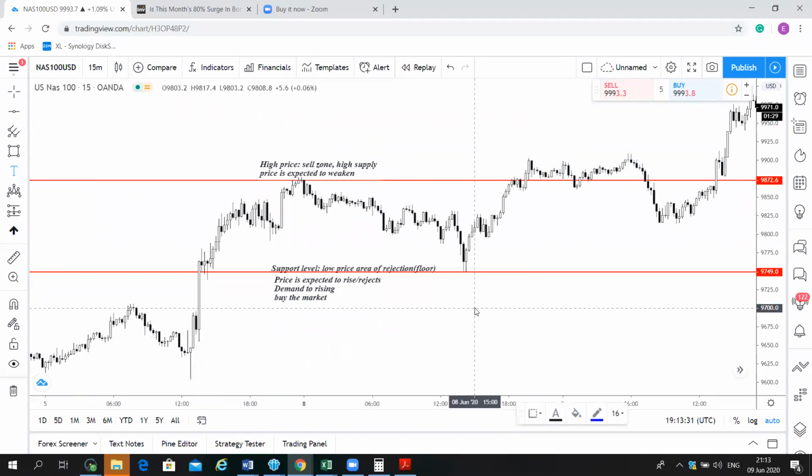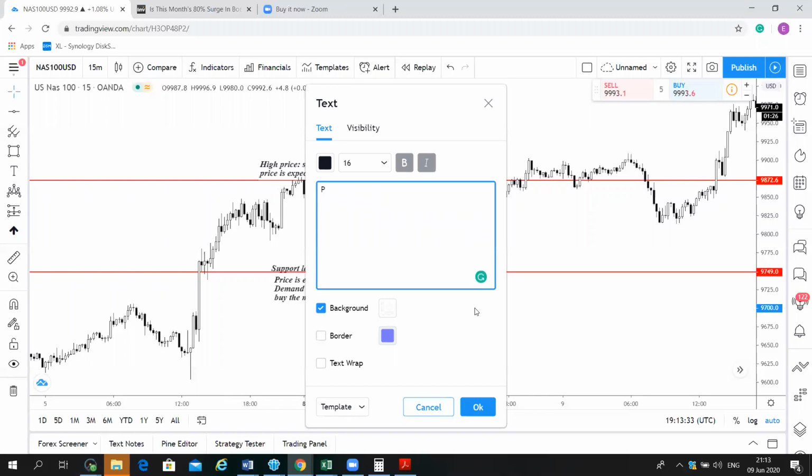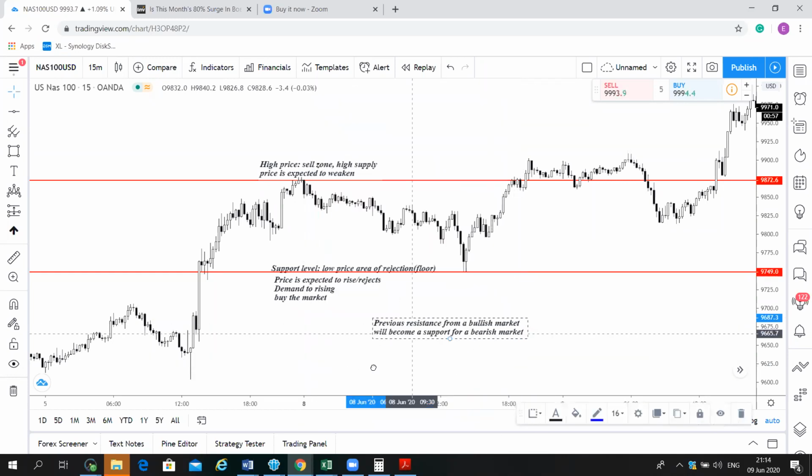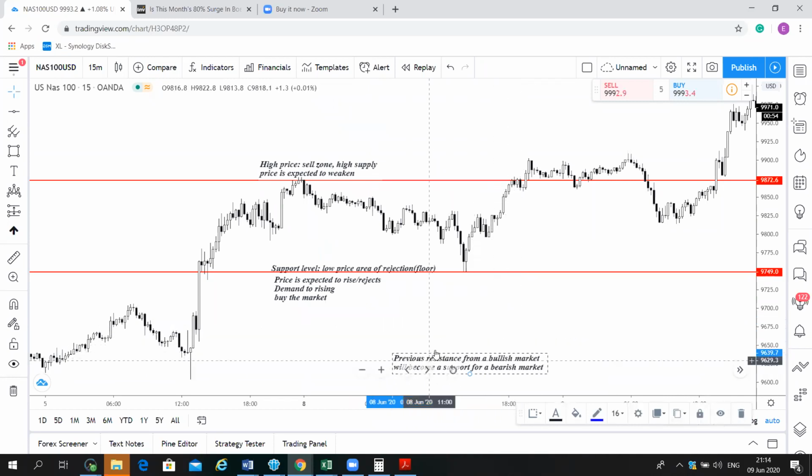Something to note on the side is that previous resistance from a bullish market will become a support for a bearish market. What do I mean?